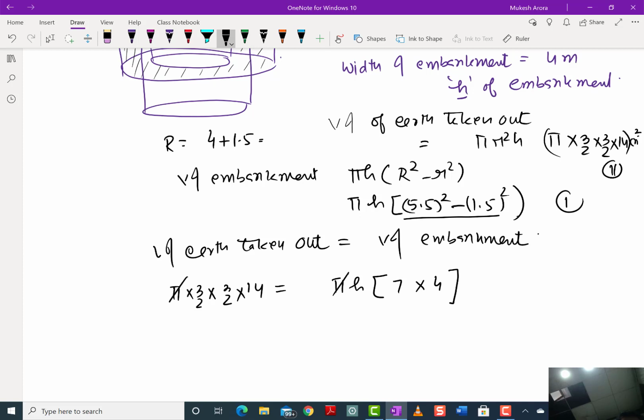So pi is cancelled with this, 7 is cancelled with this, 2 is cancelled with this. So h will be equal to 3 into 3 by 8. So 9 by 8 is 1.125 meter.